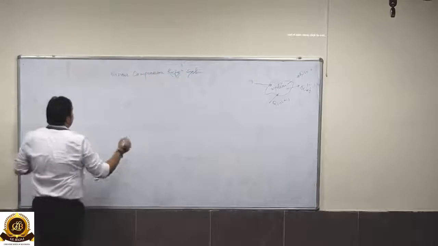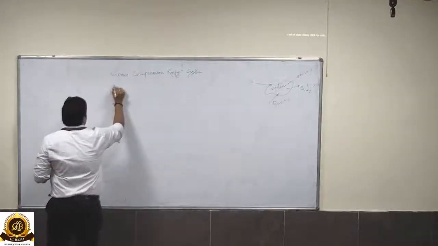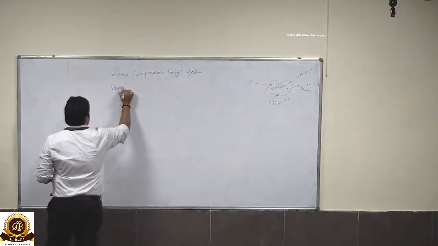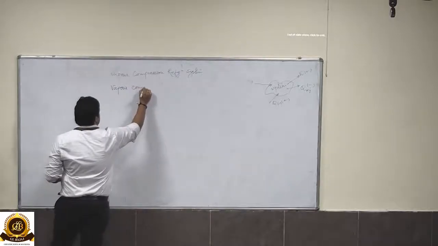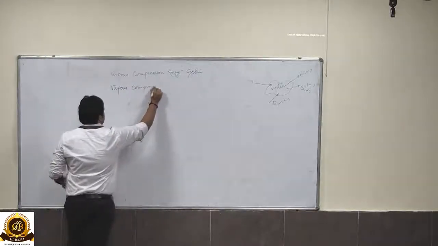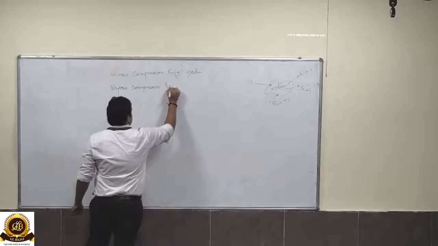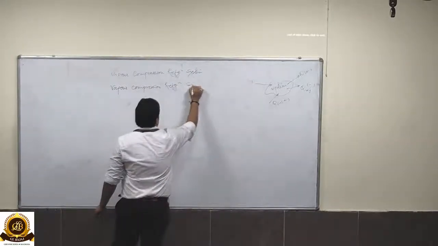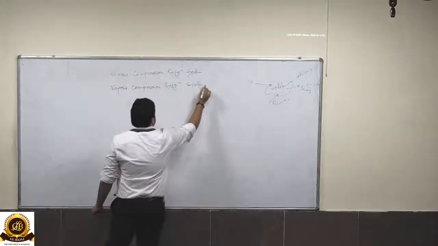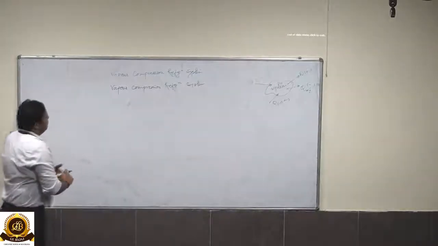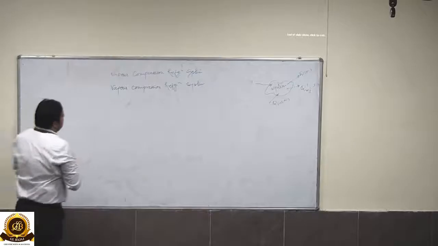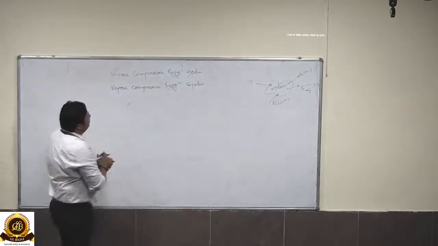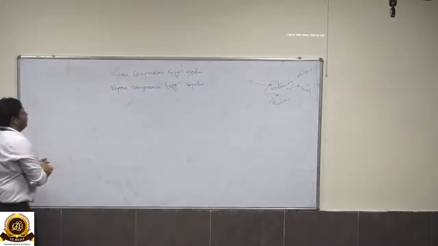Now we come to the point vapor compression refrigeration system. So we have studied the reverse Carnot cycle. Now we come to the vapor compression refrigeration system. What are the deviations?